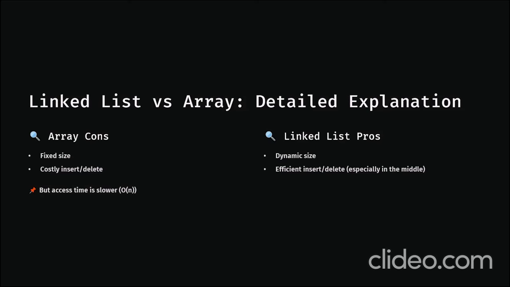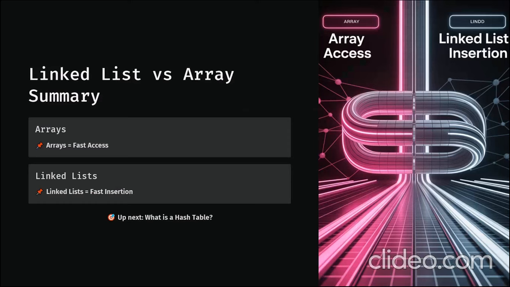For the linked list, the pros are dynamic size and efficient insert and delete, but access time is slower. So the summary is: arrays, fast access; linked lists, fast insertion.